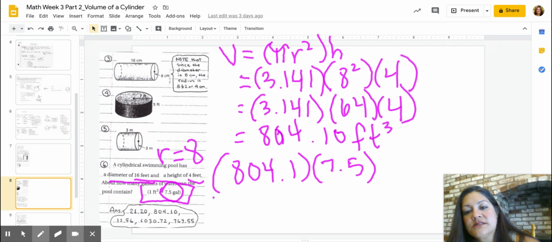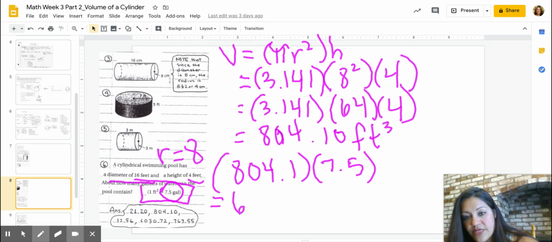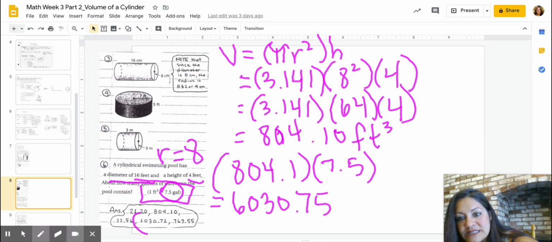Okay, and so that equals 6,030.75. Oh, and the answer key has 6,030.72.